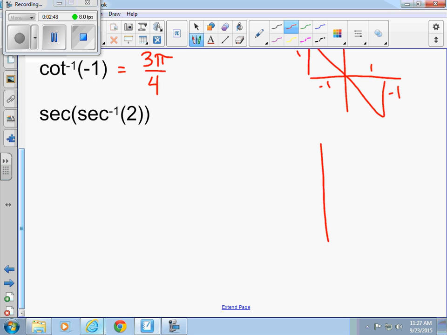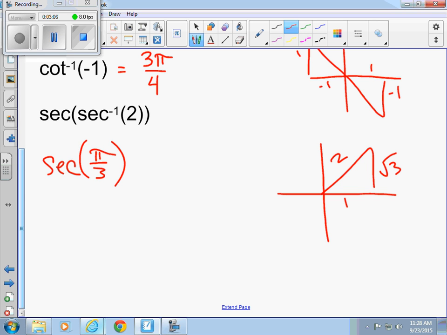Secant, first quadrant, hypotenuse over adjacent, right? So that's a 30, 60, 90, pi over 3. Everyone agree? So this is really asking, what's the secant of pi over 3? And what is the secant of pi over 3? 2.